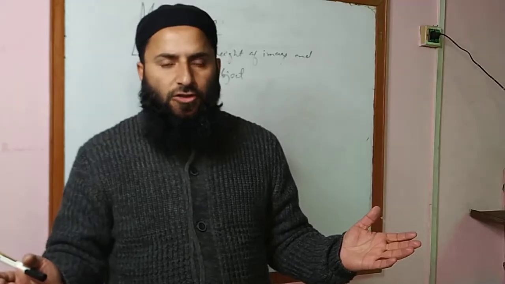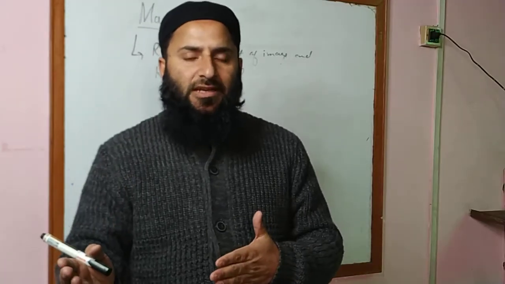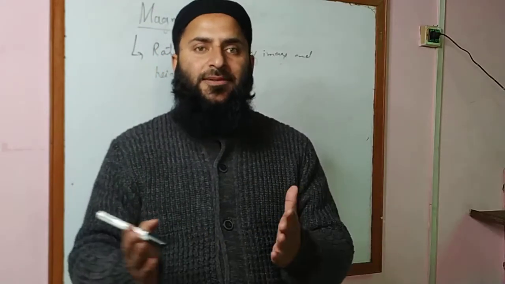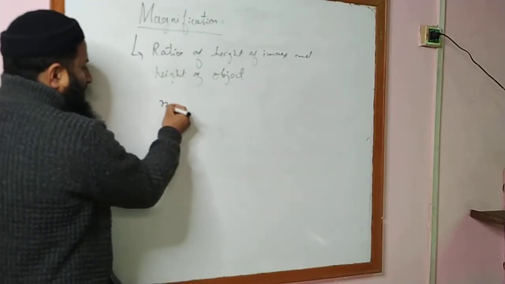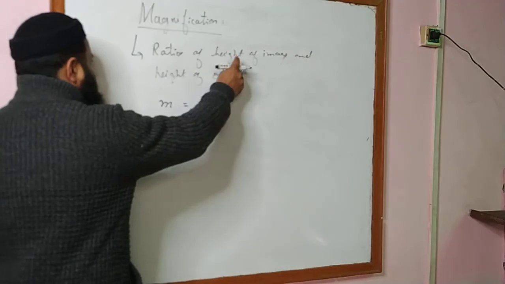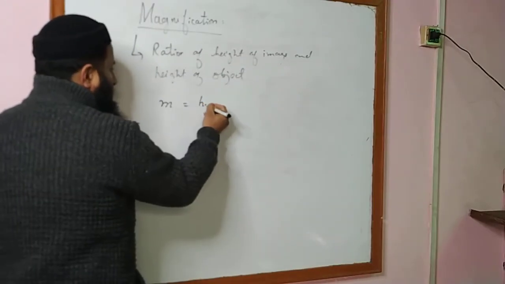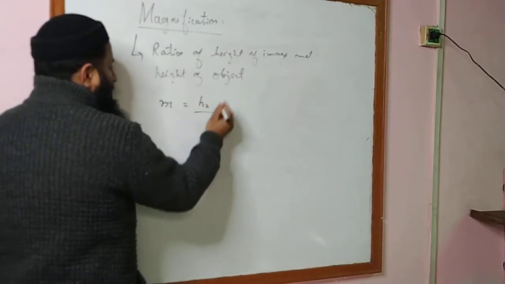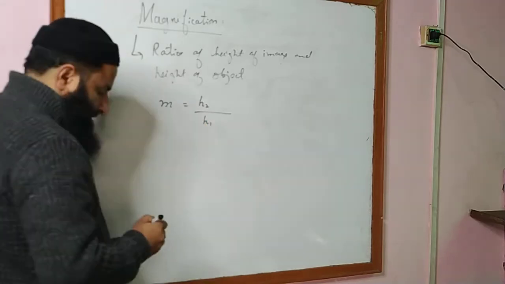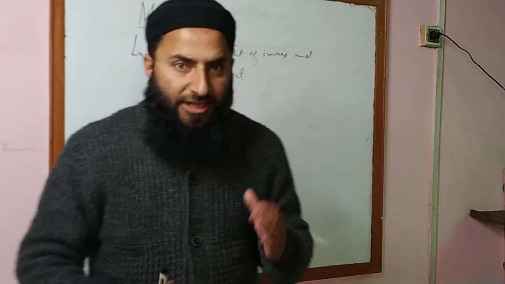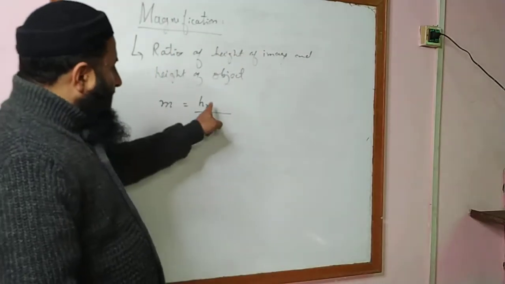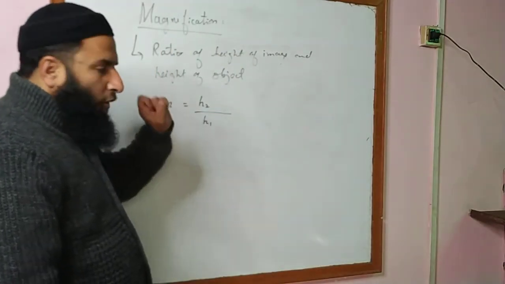And if it is equal to 1, that means size of object is equal to size of image. They both have same size. So we represent magnification by small m. We represent height of image by h2 and height of object by h1. This is how we can calculate it, by taking the ratio of height of image and height of object.